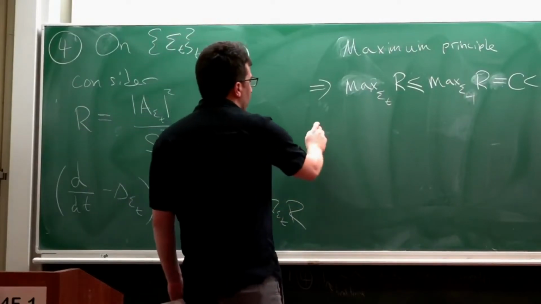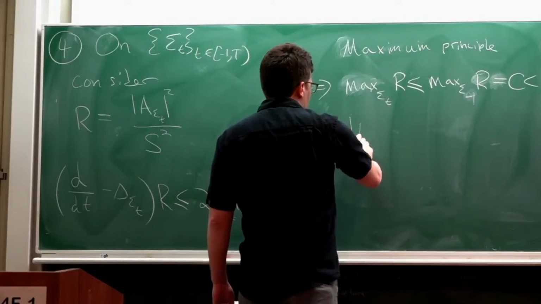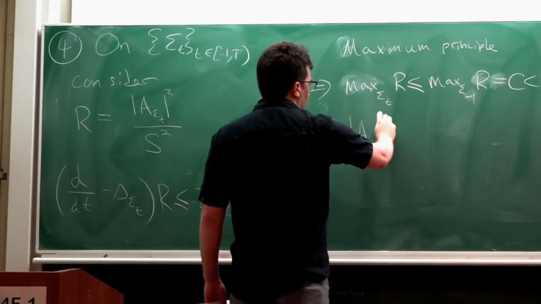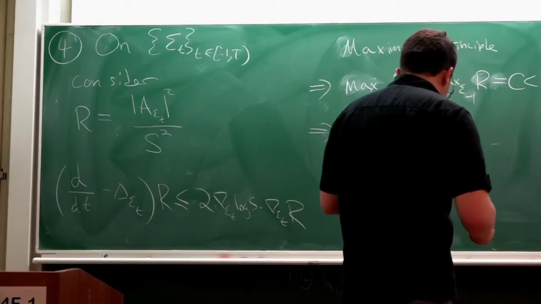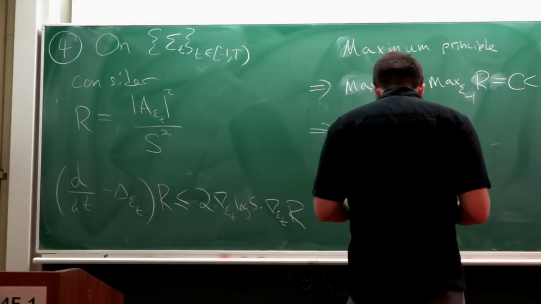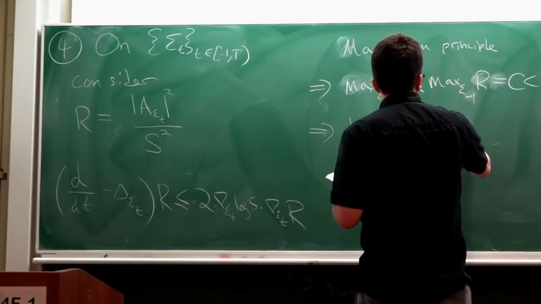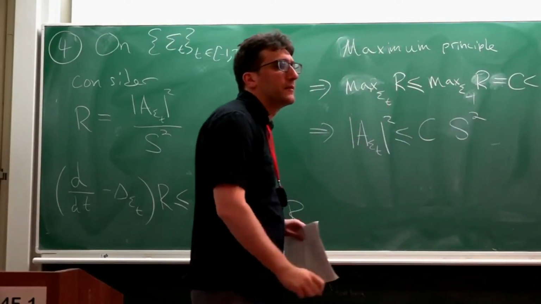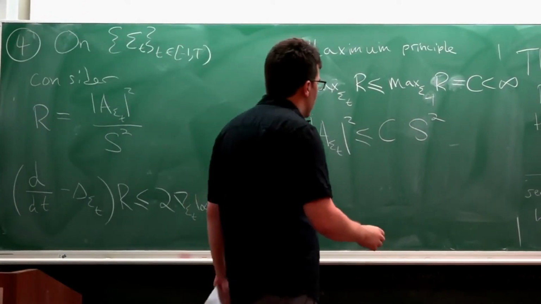So in other words, this implies that the second fundamental form of sigma t squared is less than or equal to C times S squared.